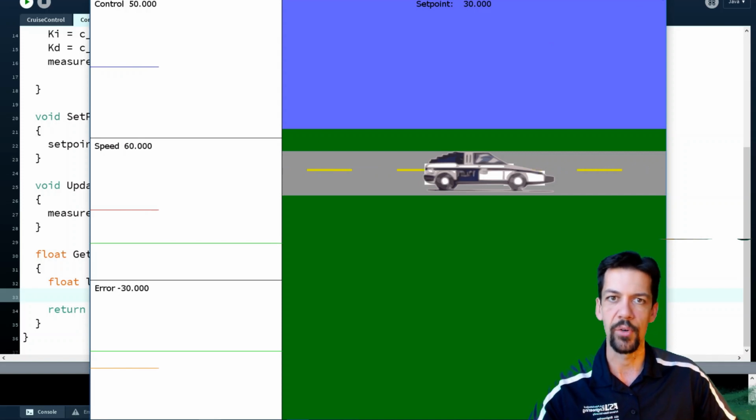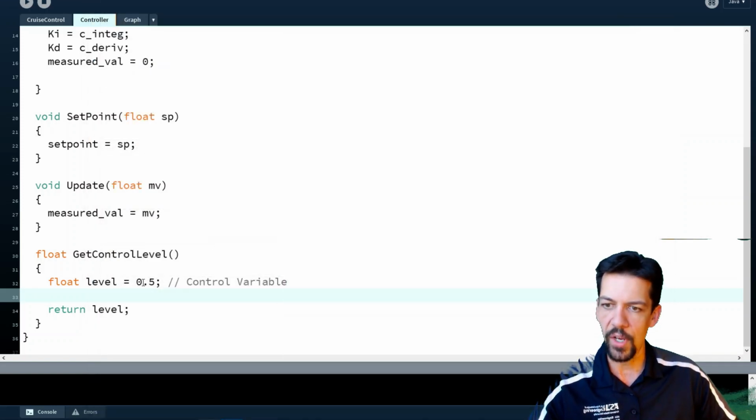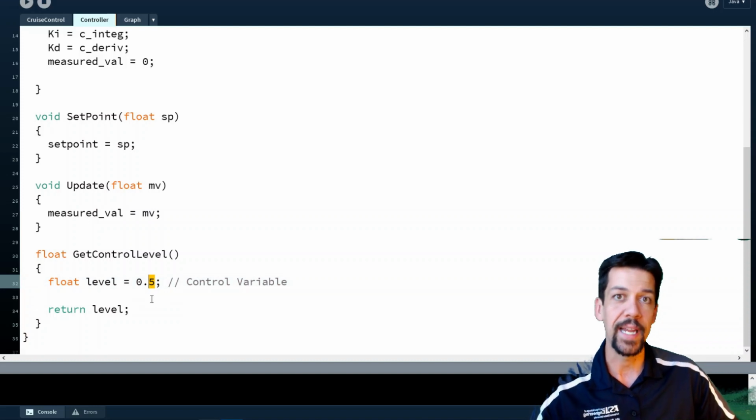I want to slow down a little bit, right? So let's write a controller that does this. My control variable is the percent, between 0 and 1, of my accelerator pressure. So that's what I want to calculate here.